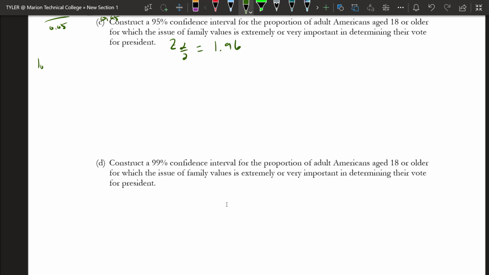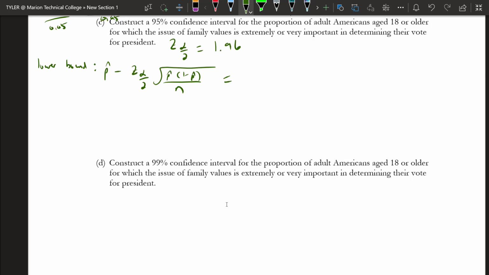So a lower bound would be equal to p hat minus your critical value, z of alpha divided by 2, times the square root of p hat times 1 minus p hat, all divided by n.